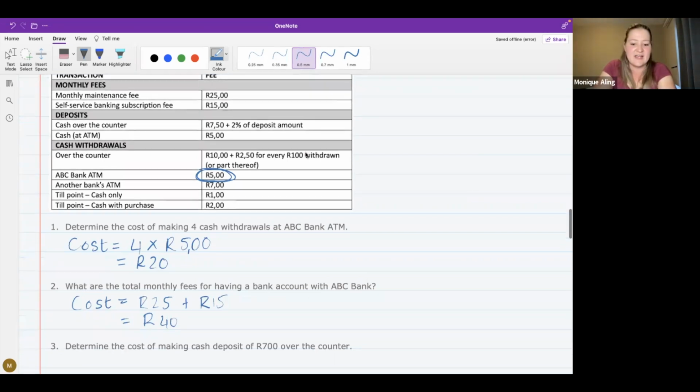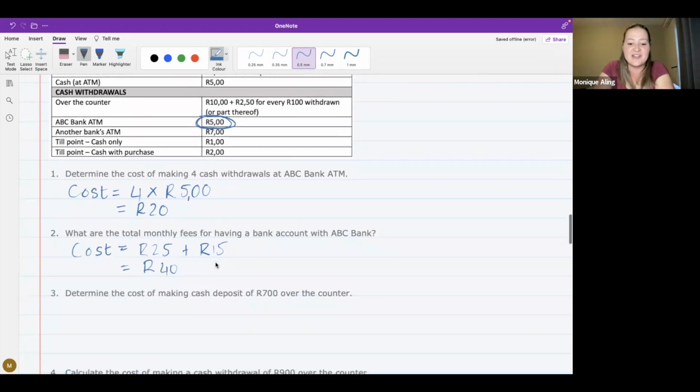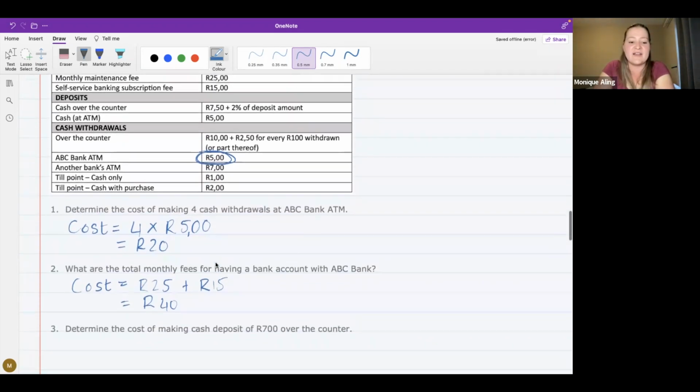Nice, okay. So let's try the next one. Determine the cost of making a cash deposit of 700 Rand over the counter.